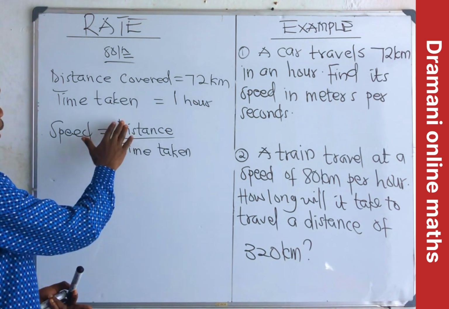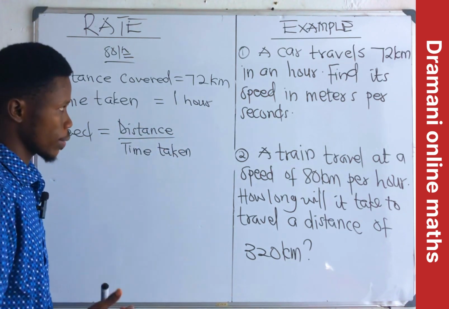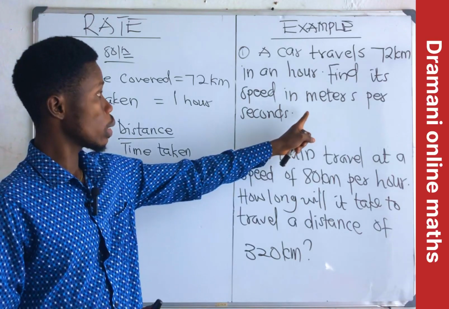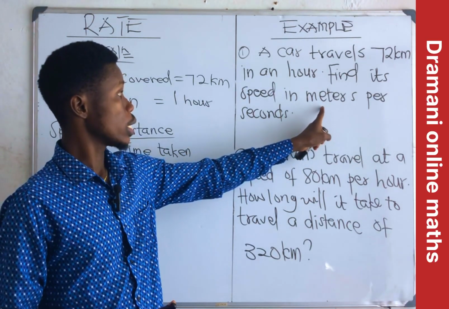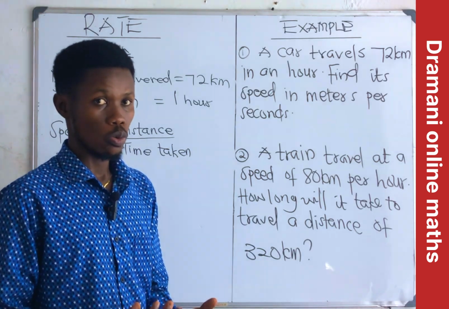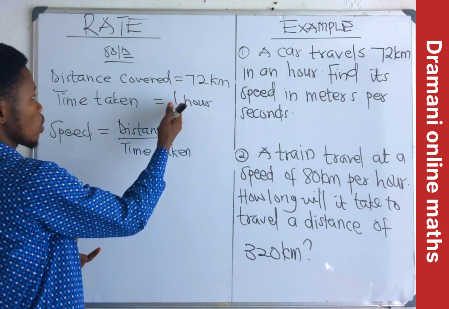Now, distance has been given as 72 kilometers. Time has been given as an hour. But one thing you have to keep in mind is that they want us to leave the unit in meters per second. Here we have kilometers and an hour.